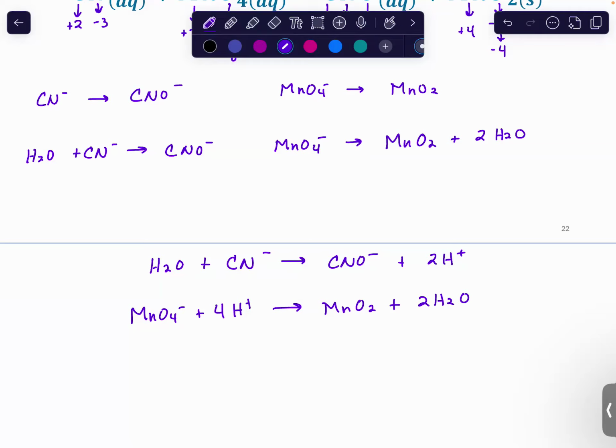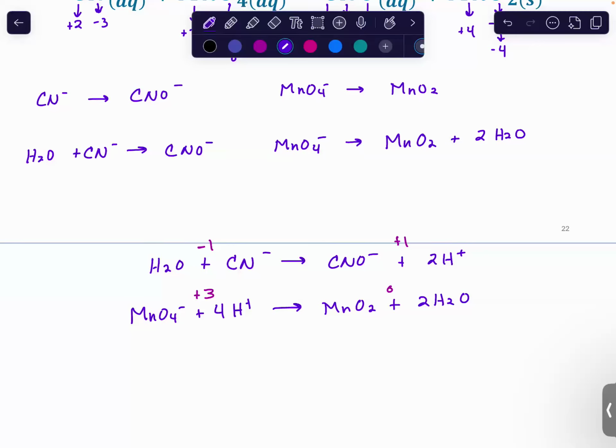Now what I'm going to do is say, what is the charge on each side of these equations? So my first one here, that's a -1. On the right side, I have a +1. For my permanganate equation, the left side is a +3, and the right side is 0. I do that because that tells me how many electrons I need and where they go.